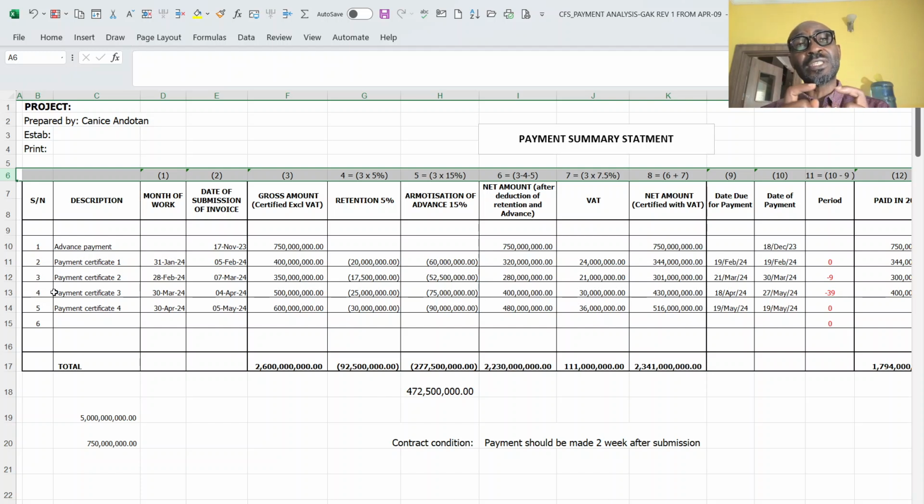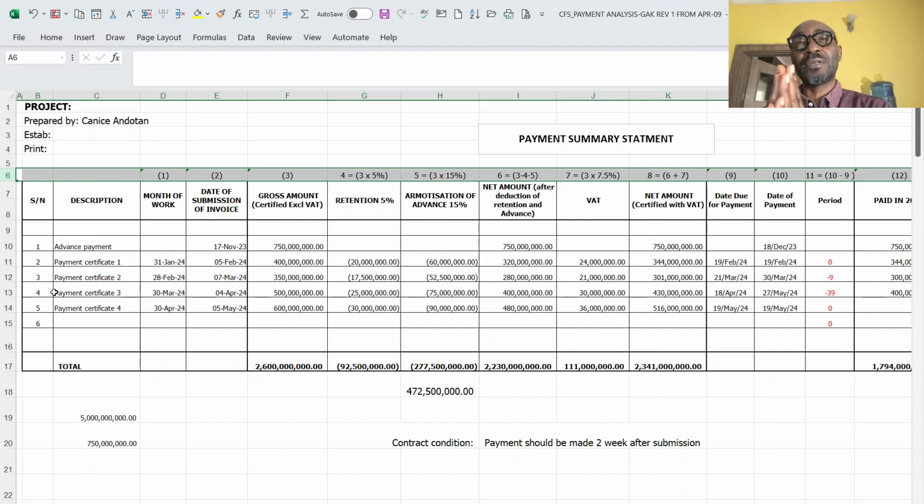So also in the conditions, there are clauses that stipulate the number of days within which the client should pay on or before, after receiving the contractor's invoice. It shouldn't be beyond a certain number of weeks.